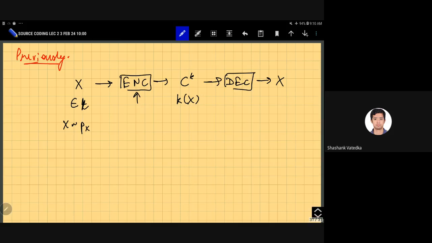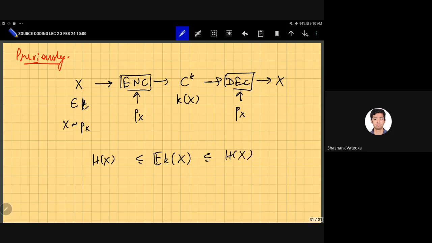But we've assumed so far that both the encoder and decoder know the distribution Px, right? And we know that the optimal expected length, the best that we can hope to achieve, is between H(X) and H(X) plus 1.